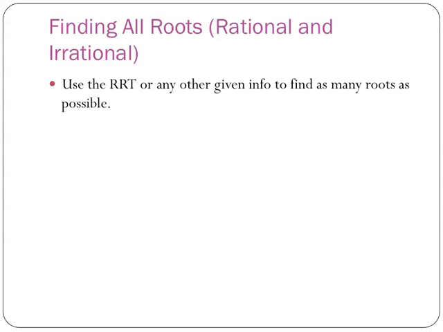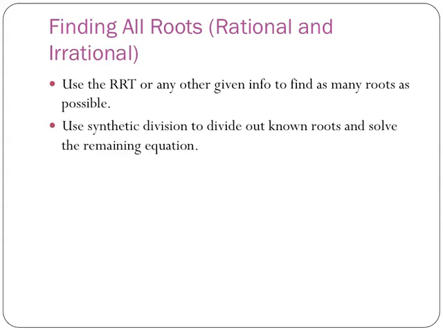So you'll use that to help. And then, after you've found all the roots that you can from that, you will use synthetic division to divide out the known roots and solve the remaining equation. So we'll do an example of this so we can get used to how this might work.